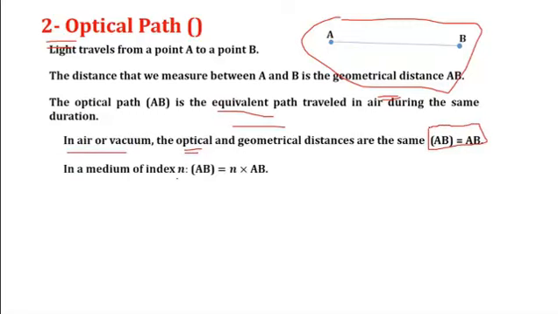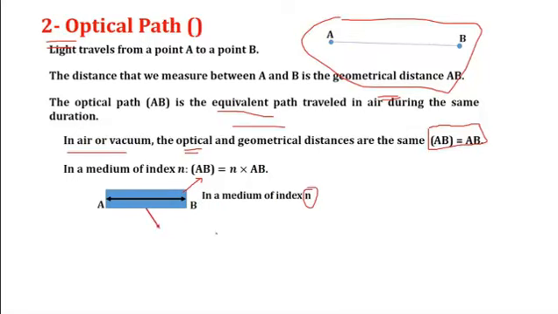But this has an effect when we have a medium of index n. In this case, the optical distance AB is equal to n times the geometrical distance. For example, here we have two points separated by a distance AB in a medium of index n.